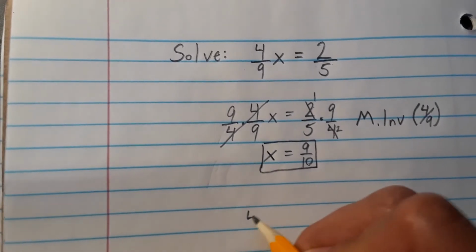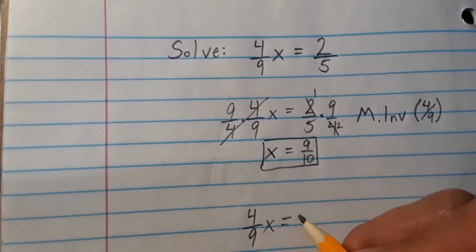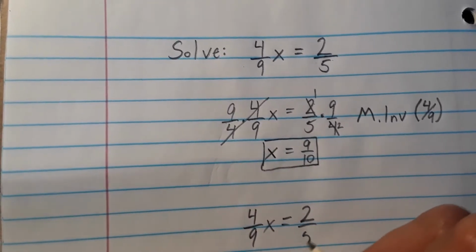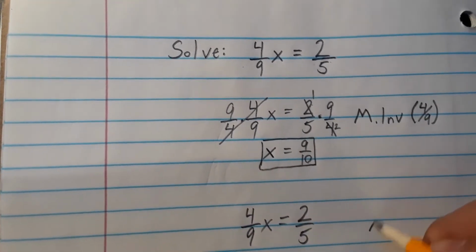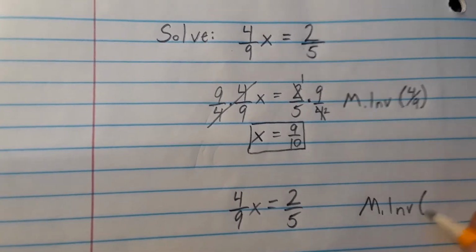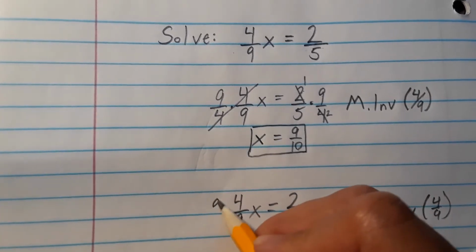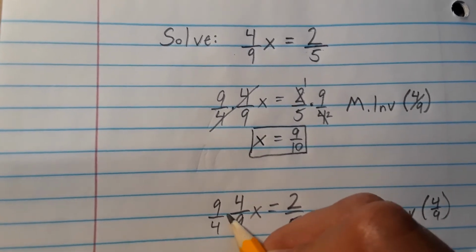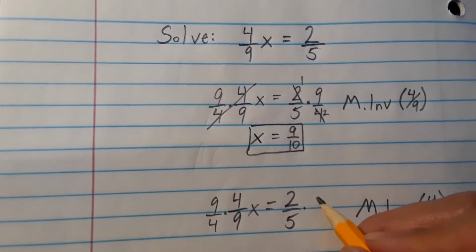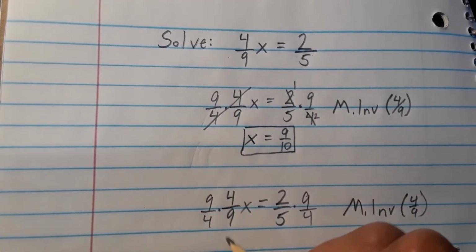So if we had 4/9 x equals 2/5, and again we did M.Inv of 4/9, that's 9/4 on the left, 9/4 on the right that we're multiplying by.